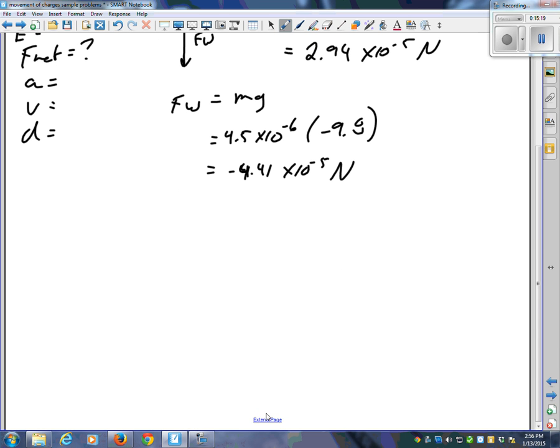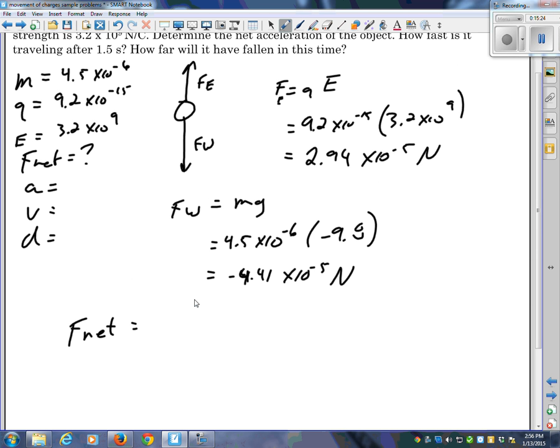So the net force is the sum of those two. Does it matter what order I put them in? No. 2 plus 3 is the same as 3 plus 2. Although most people like to have the positive one out front and the negative one out back, just because they don't like having that negative out front. People are weird. Some of us weirder than others.